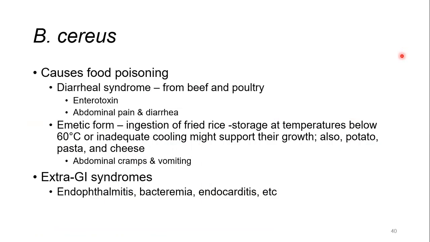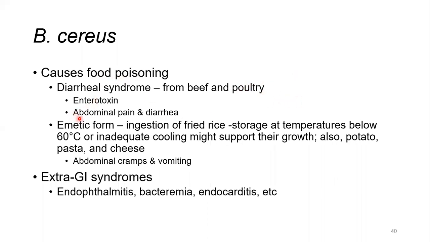Okay, so something small on Bacillus cereus. It mainly causes food poisoning, and there are two forms of the food poisoning. We have the diarrheal syndrome, which is mainly driven by an enterotoxin and is associated with ingestion of different types of meats, whether beef, poultry, or other related foods.